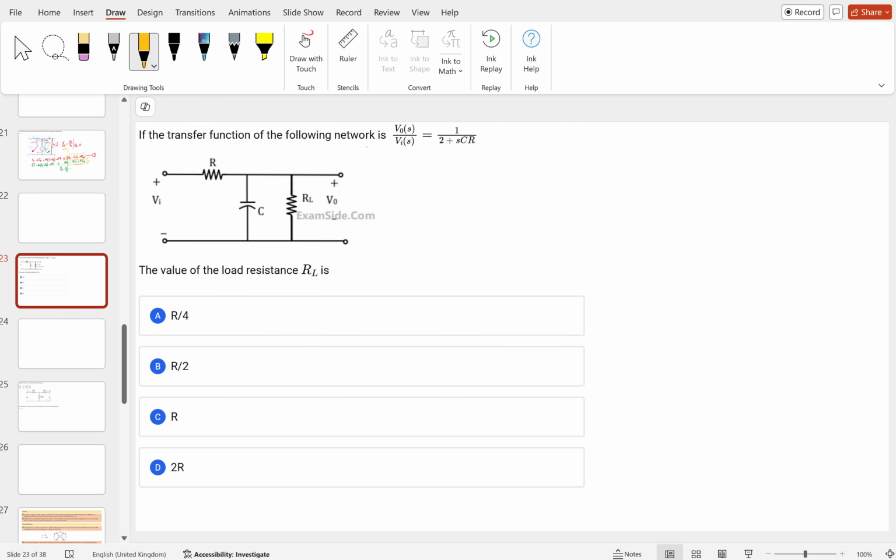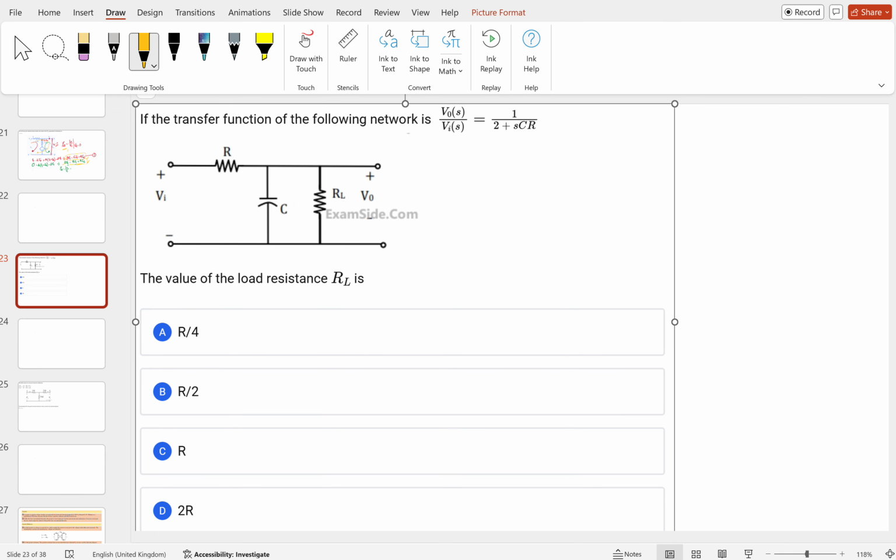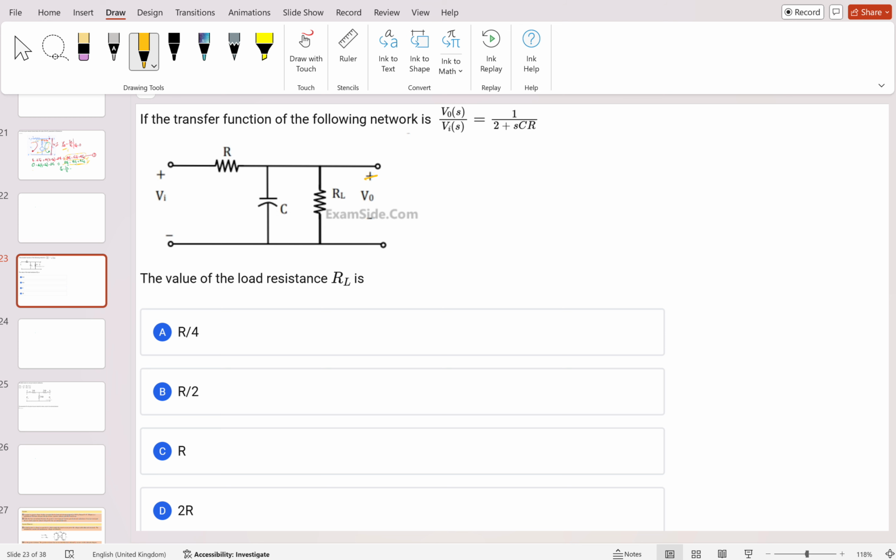Try to solve this. Just simply find out the value of V output, which is given here, in terms of VI.